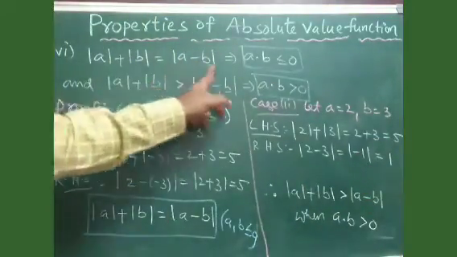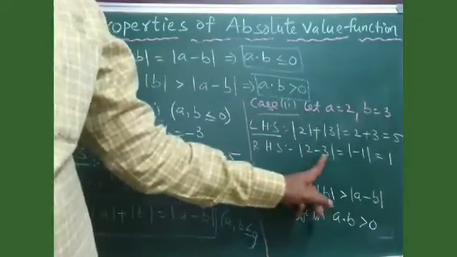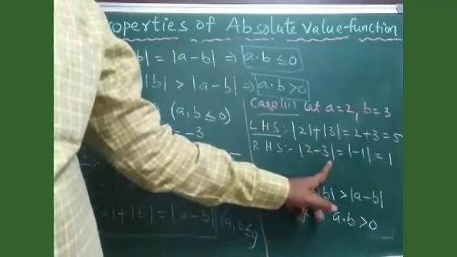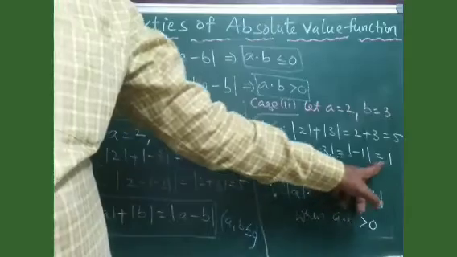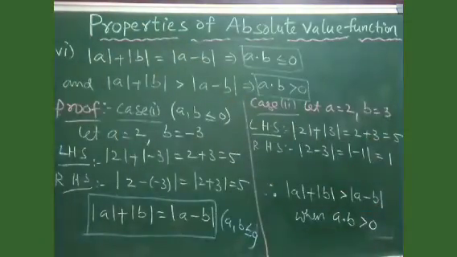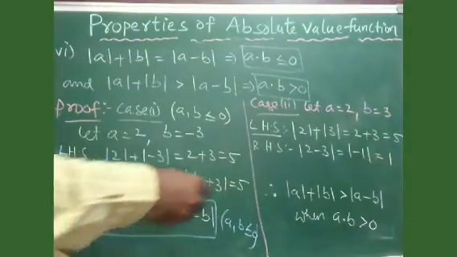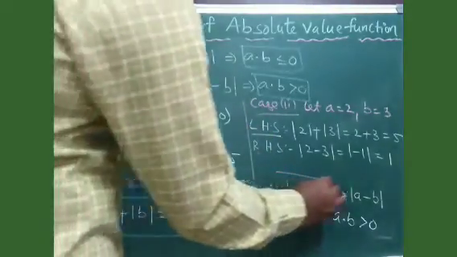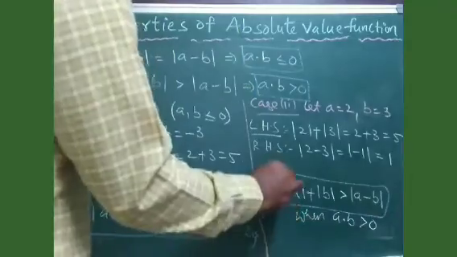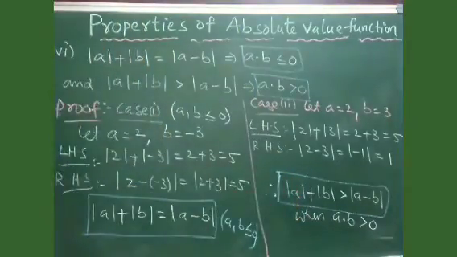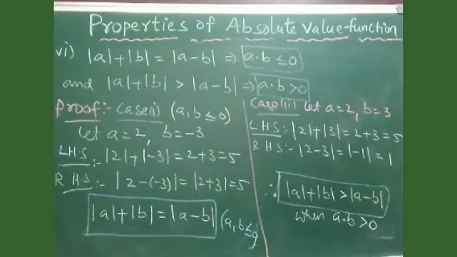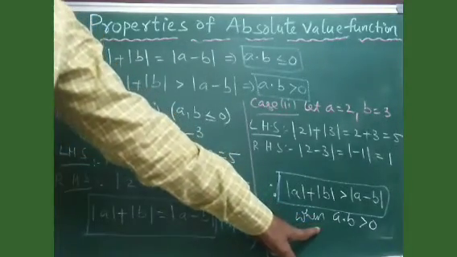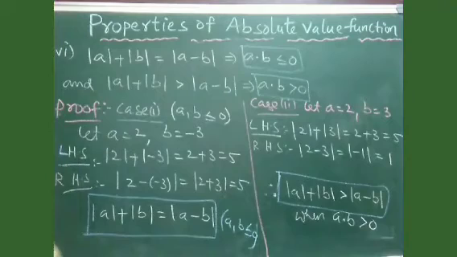And RHS, mod of A minus B, that is mod of 2 minus 3, which is modulus of minus 1, which equals 1. So therefore what we got here is LHS is greater than RHS. That is modulus of A plus modulus of B is greater than mod of A minus B when A into B is greater than 0.